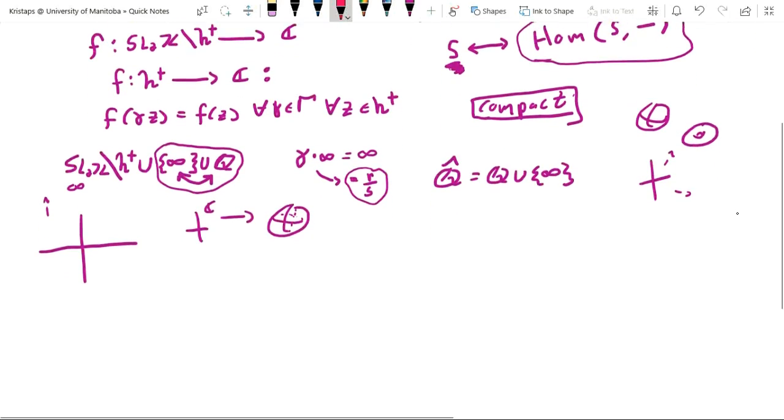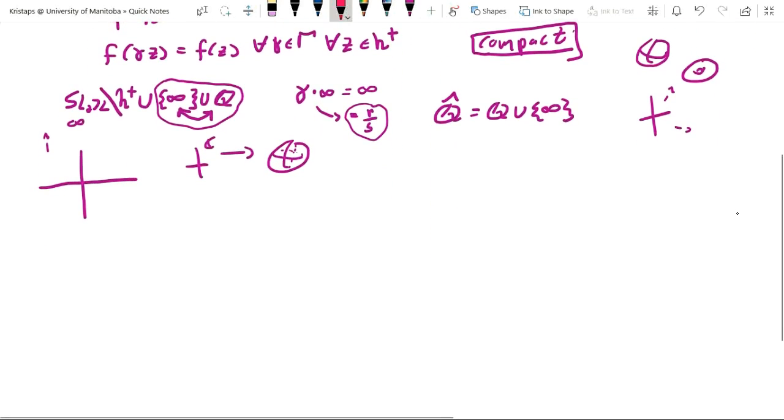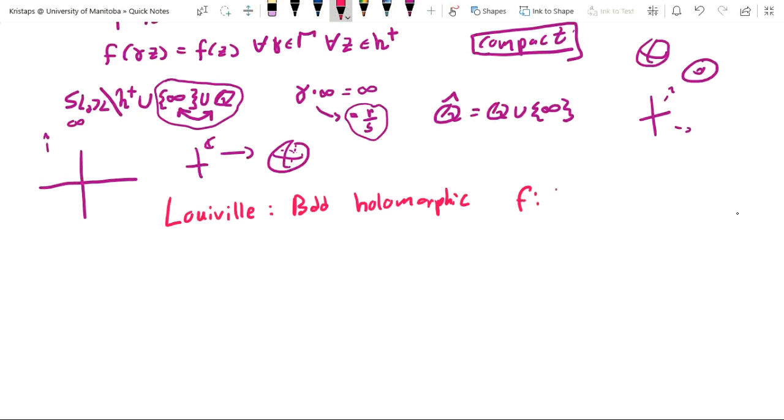But now this definition comes with a drawback. If we recall the theorem of Liouville from complex analysis, this says that any bounded holomorphic function on the entire complex plane is constant. And this theorem actually generalizes to anything that is a compact Riemann surface.